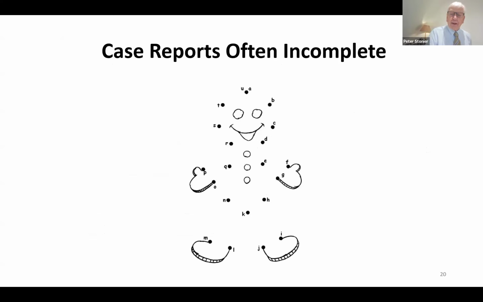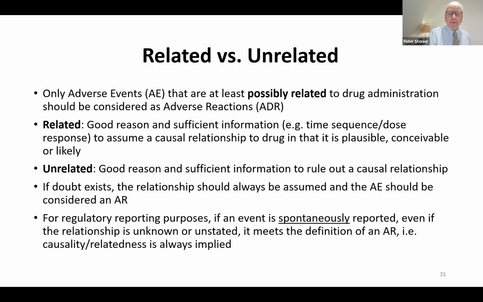But case reports are often incomplete, as I've said, and this is really a big difficulty with pharmacovigilance: making sure that there's complete and adequate data on the case. It's important to look at relatedness and unrelatedness in terms of causality for the product, because only adverse events that are at least possibly related to drug administration should be considered as adverse reactions, for example.